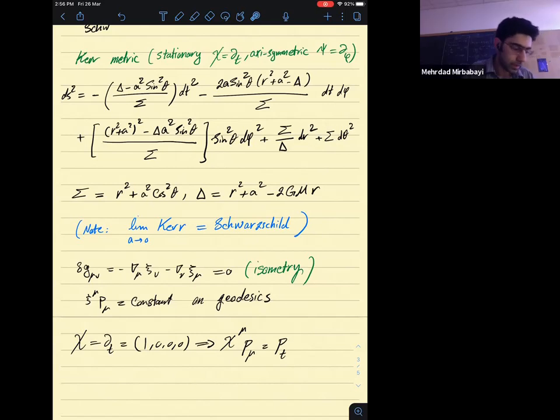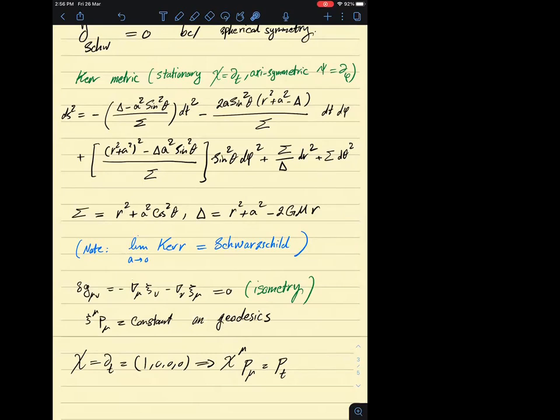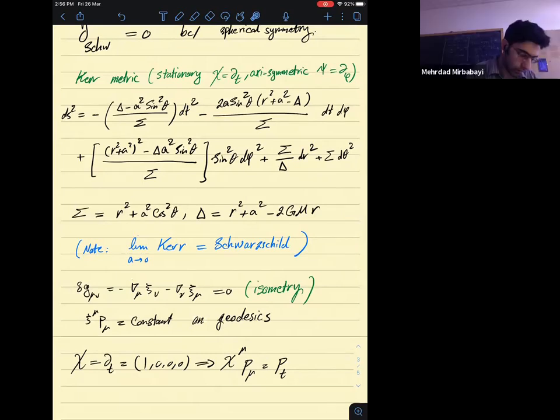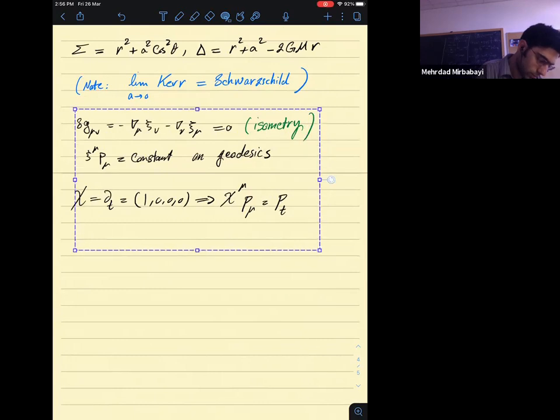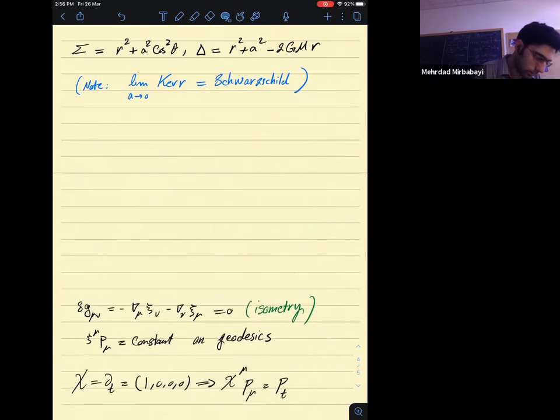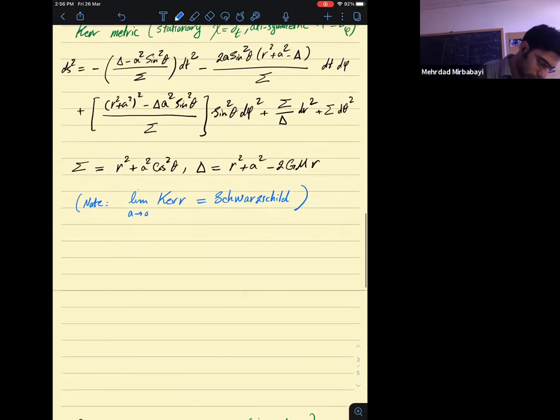Oh, what I mean is that if you take this metric, which is asymptotically flat, that is something that you can verify. If you send r to infinity, so one other property of this metric, this is property 1, property 2: the limit r goes to infinity of Kerr equals Minkowski.